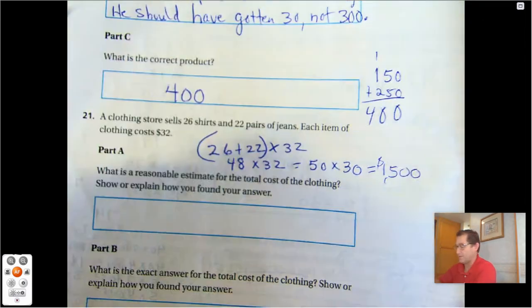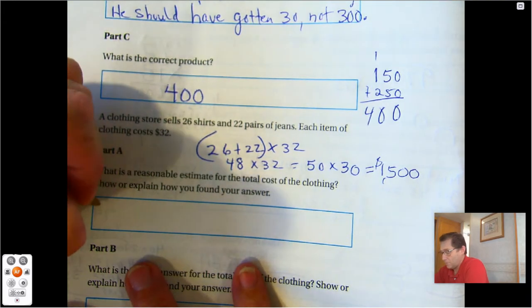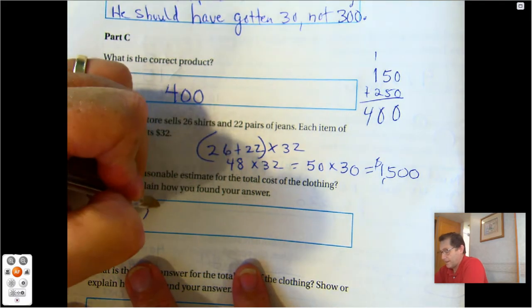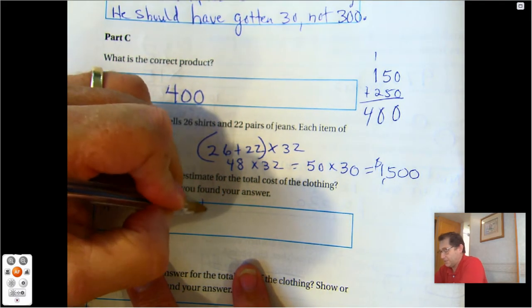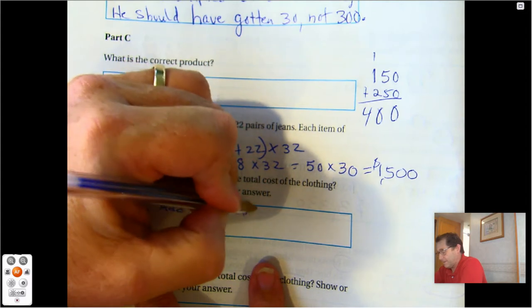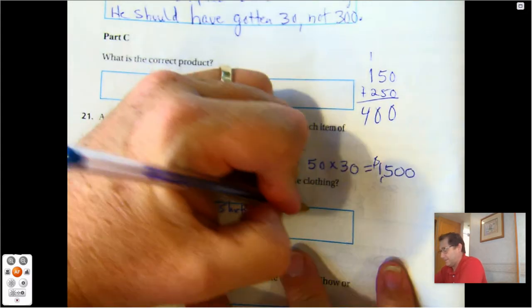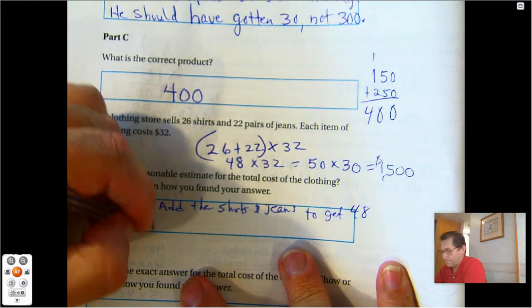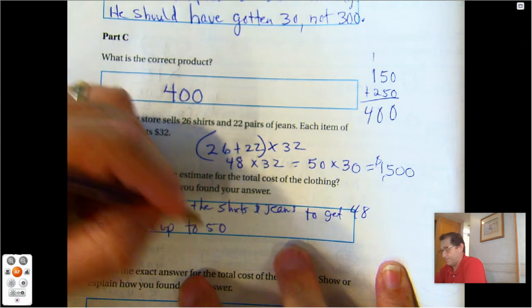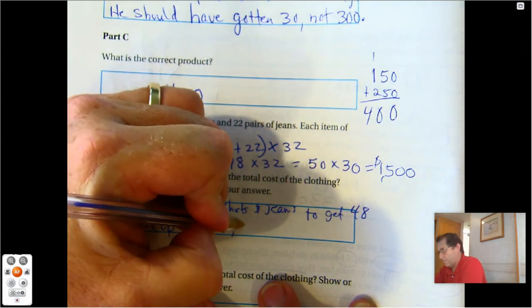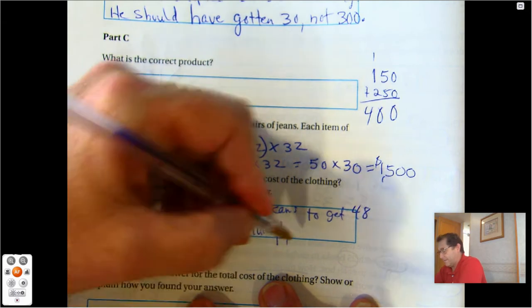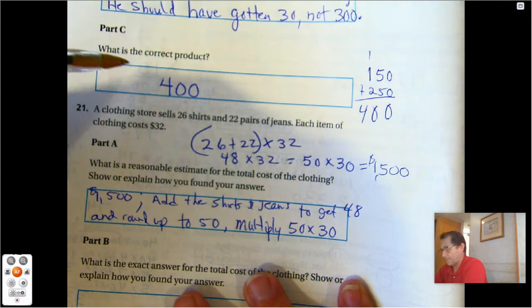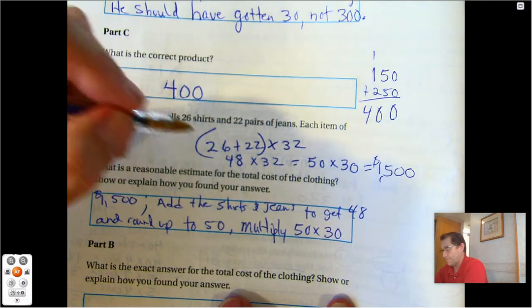Add the shirts and jeans to get 48 and round that up. Multiply 50 times 30 to get 1,500.